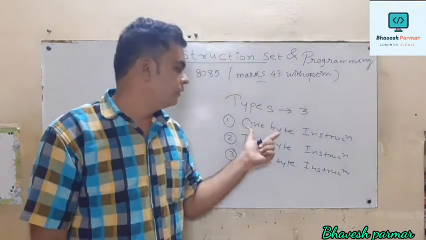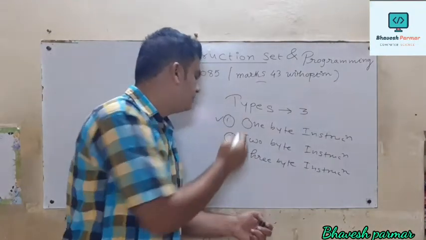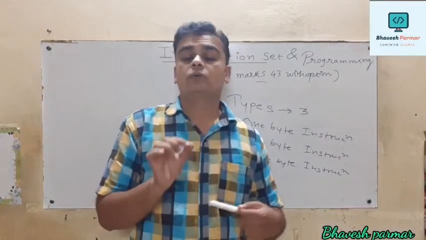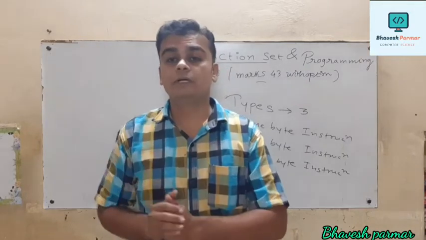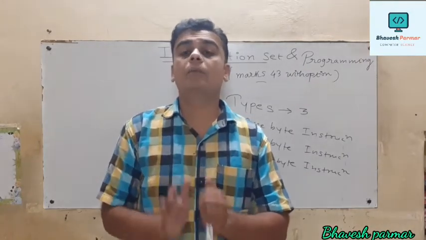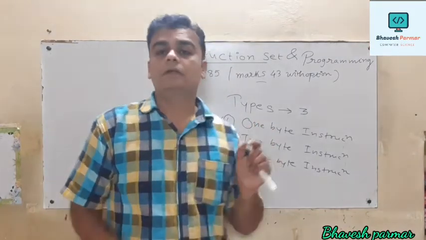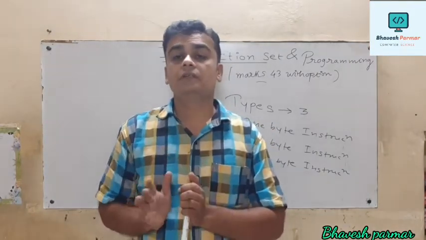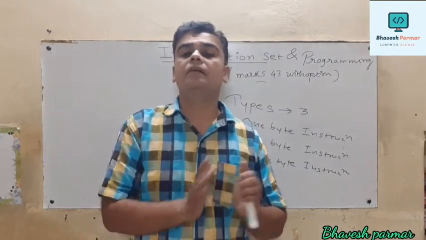First of all, we are going to study the 1 byte instruction. What do you mean by a 1 byte instruction? To store any instruction in a computer, it requires some amount of memory. In the case of a 1 byte instruction, the total instruction requires 1 byte to store it in memory.